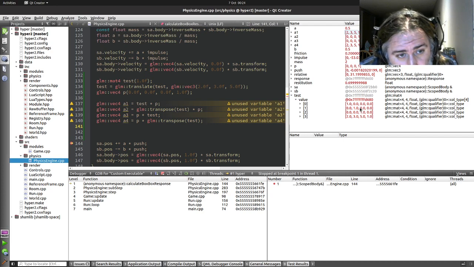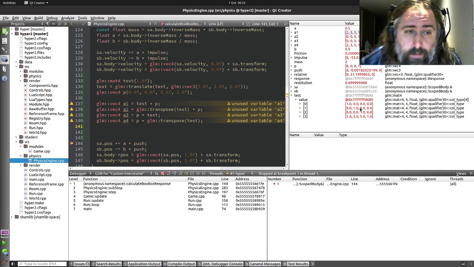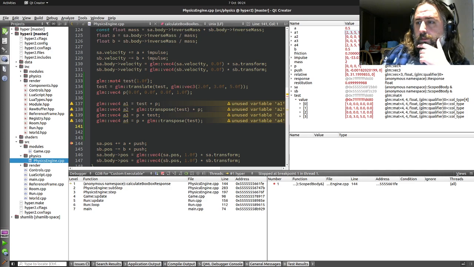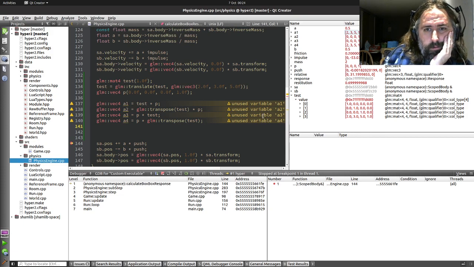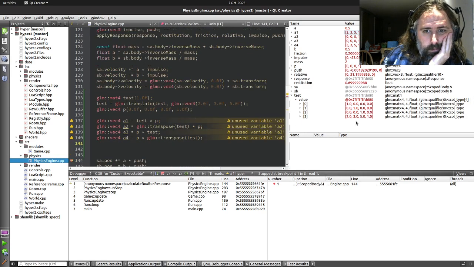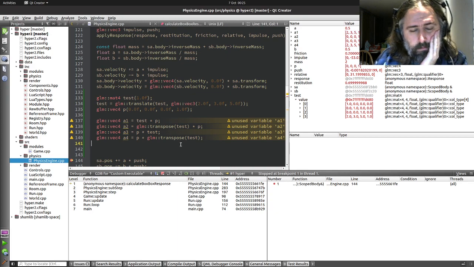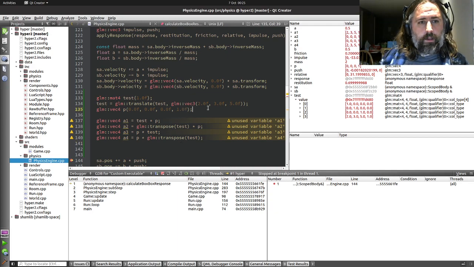Anyway, so having one transpose, is there an easy way to calculate the inverse transpose? Well, yeah, there is kind of an easy way of calculating the inverse transpose.